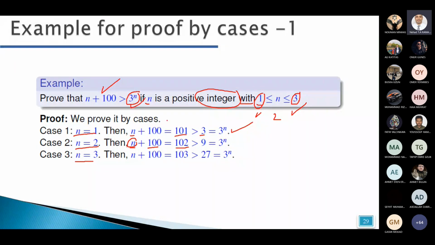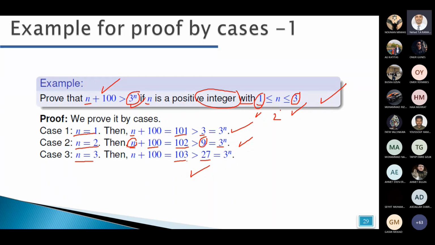Now 3 to power 2 is 9, and 102 is more than 9, so it's correct. Same issue when we have case 3. So this is 3 plus 100, it's 103, and 3 to power 3 is 27. So this condition is correct also for n equals 3. So we proved this by cases.